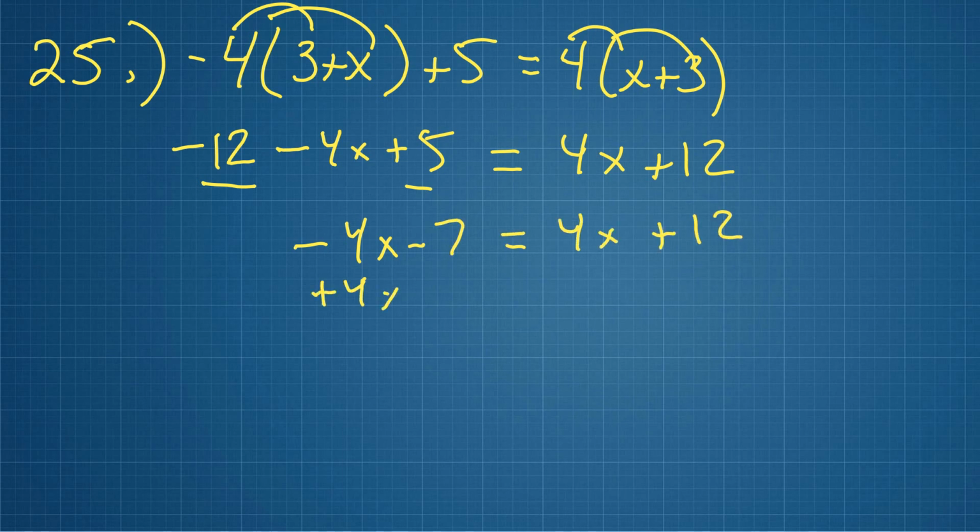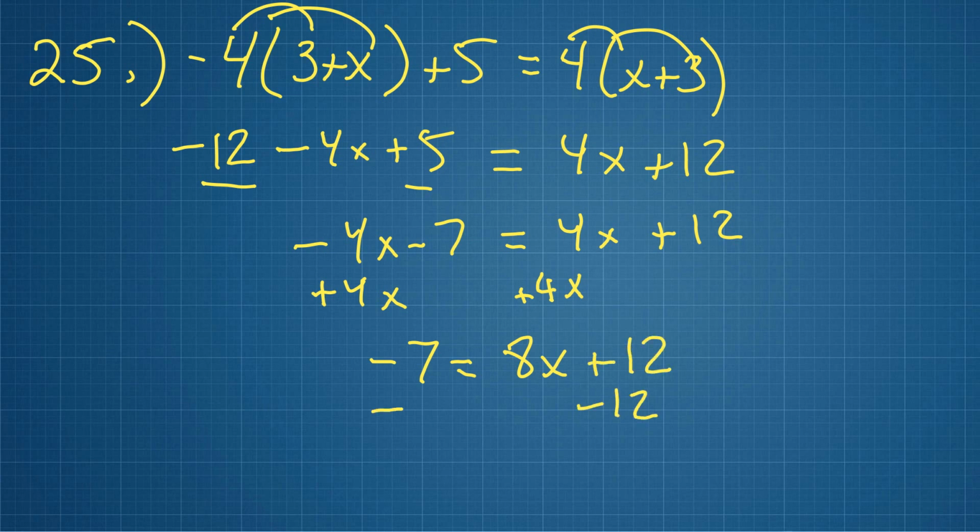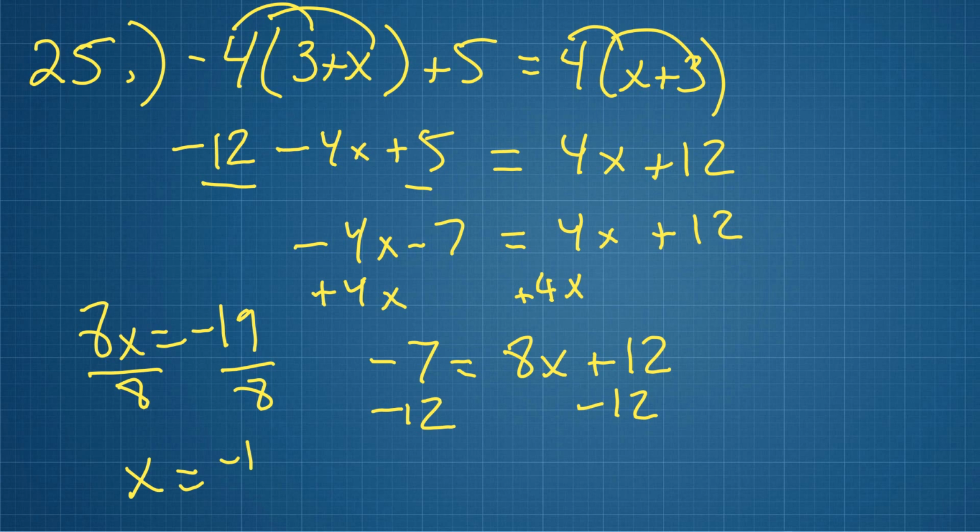I'm going to add 4x to both sides because the negative 4x is smaller than positive 4x. I get minus 7 equals 8x plus 12. I subtract 12 from both sides because I'm doing PEMDAS in reverse. I get 8x equals negative 19. Divide everything by 8. I get x equals negative 19 over 8. I prefer that to negative 2.375, but I would accept negative 2.375.